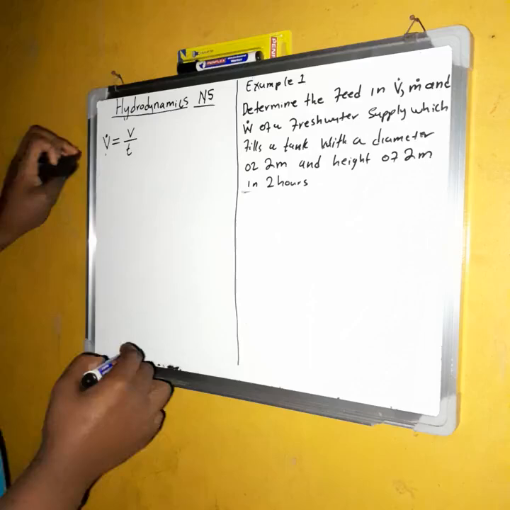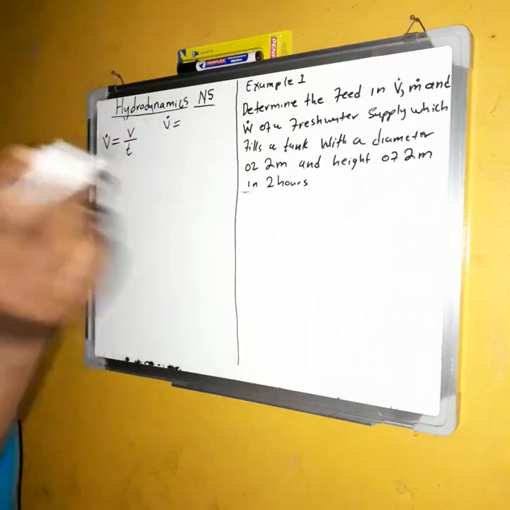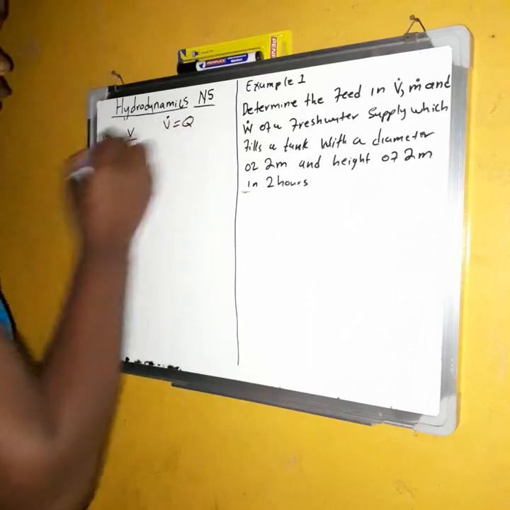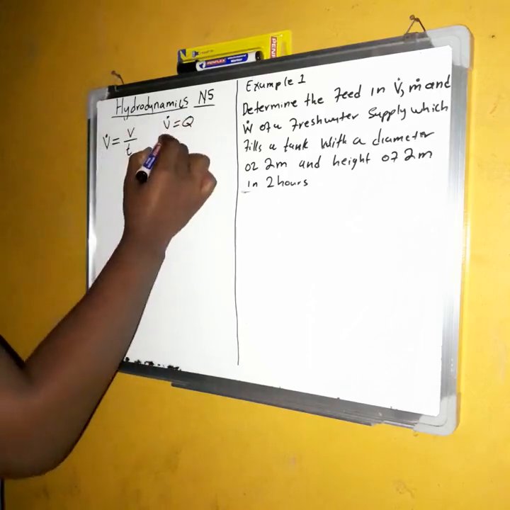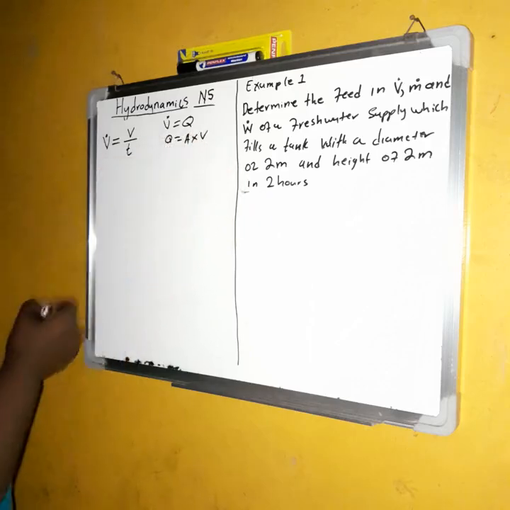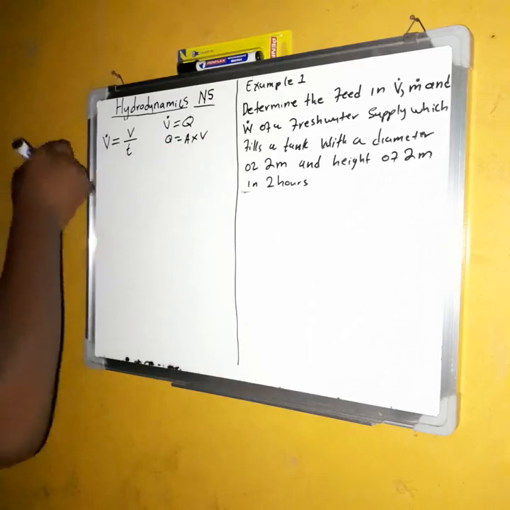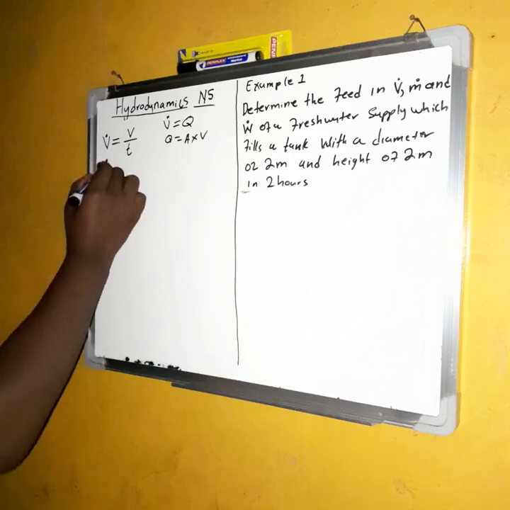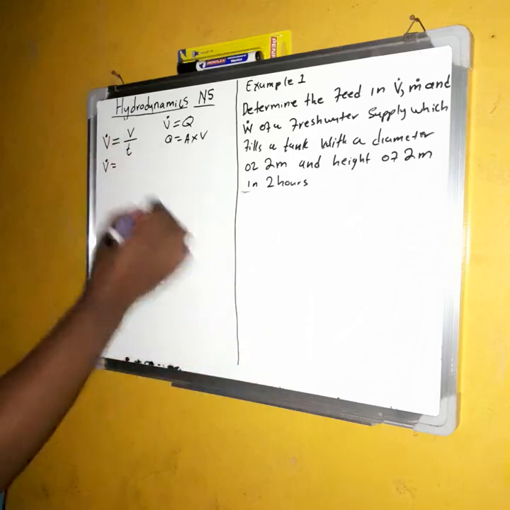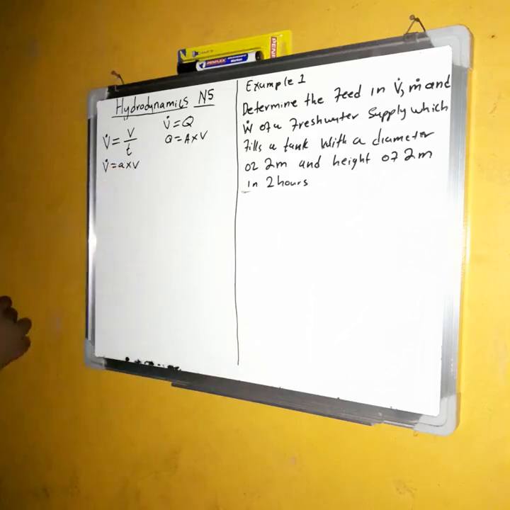Volume flow is the same as the rate of flow. Remember, the rate of flow is calculated by area multiplied by velocity. So this V flow can also be calculated by area multiplied by the velocity.